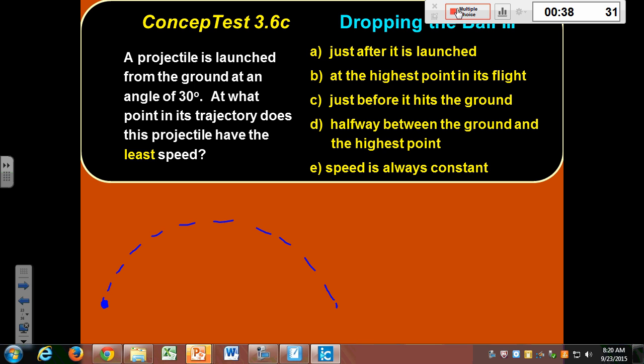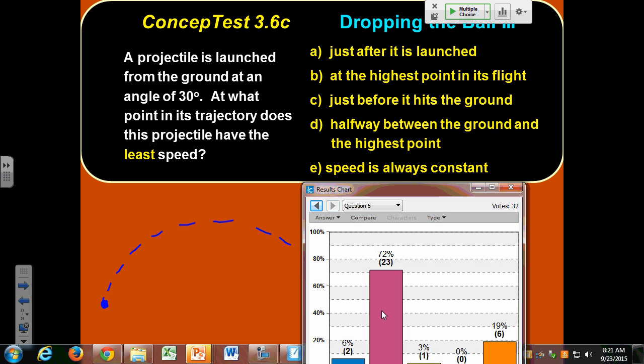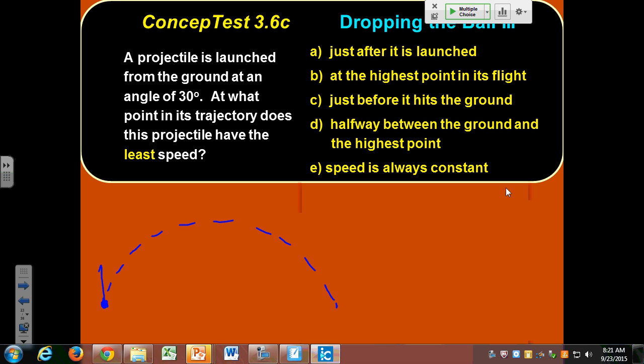All right, B is right. At the highest point, remember what the velocity vectors do. The Vy gets smaller with time until at the top it's 0, but Vx remains the same. And so at the top, you only have Vx.